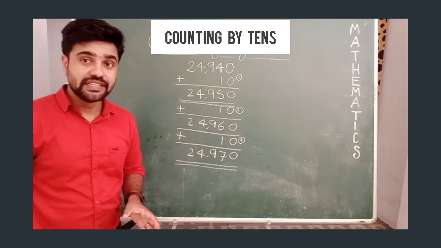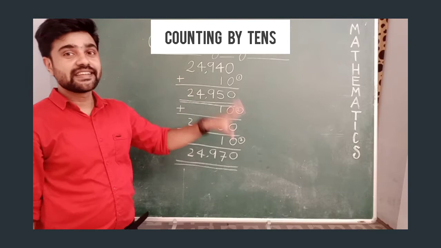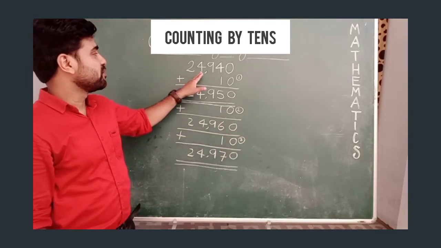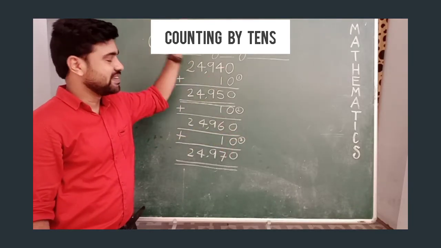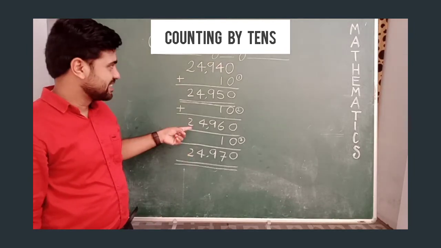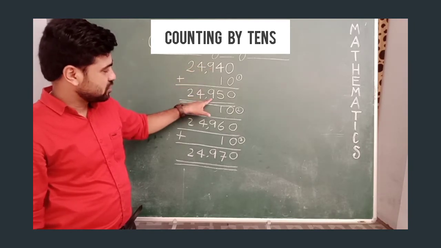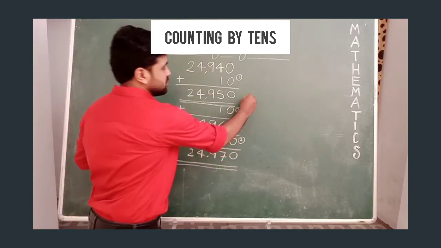If the question is counting by tens, write the next three numbers from 24,940, we can do the calculations like this. Add 10 to the given number, then we will get the first number. This is the first number.